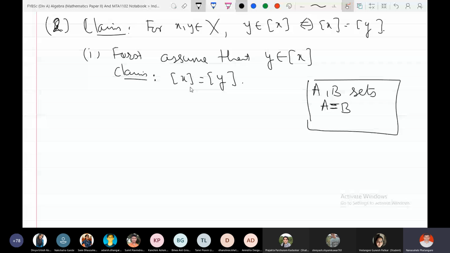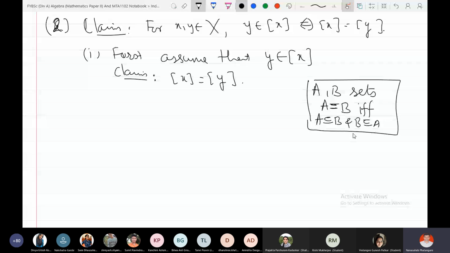We are doing this in a general sense, so they are subsets of each other. Right, very good. A is a subset of B and B is a subset of A. So two sets are equal if and only if they are subsets of each other. This is a general criterion, because we cannot directly see exactly what the elements in the class of x are. So we should have some general strategy: prove that they are subsets of each other.